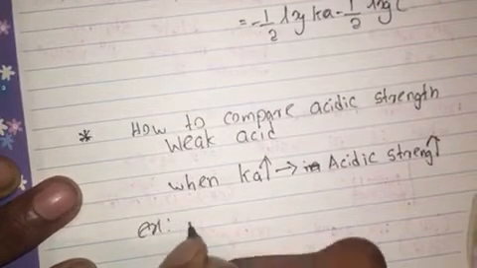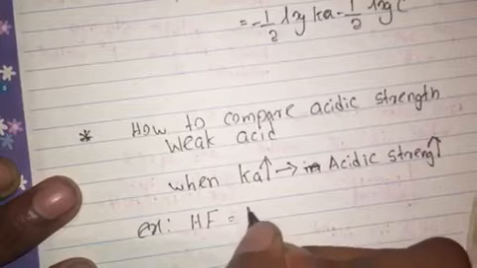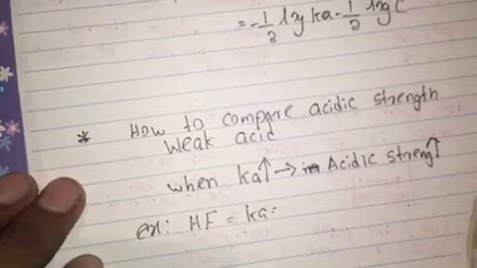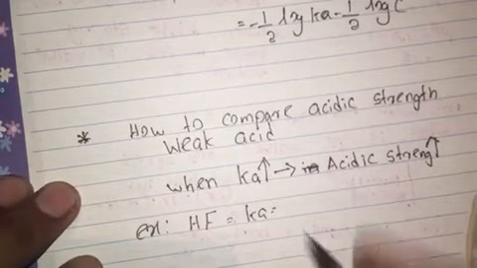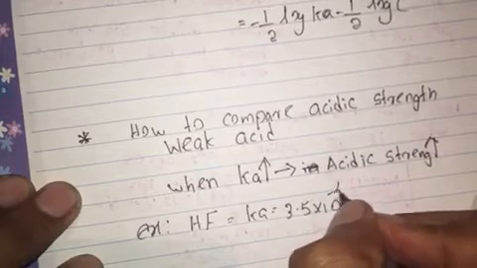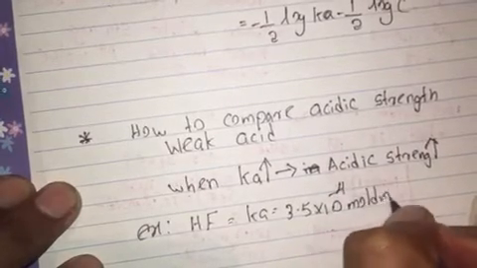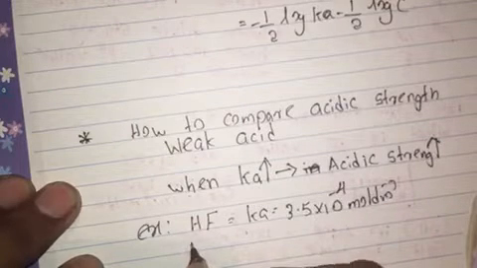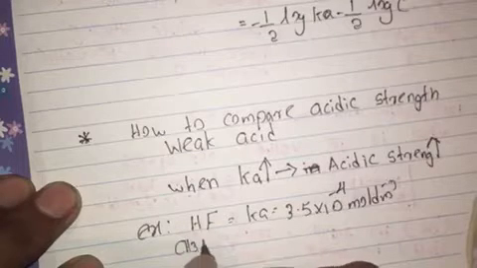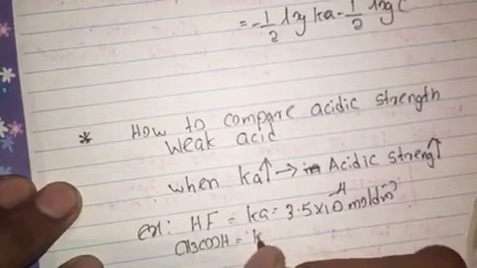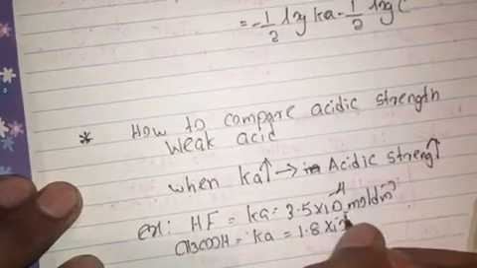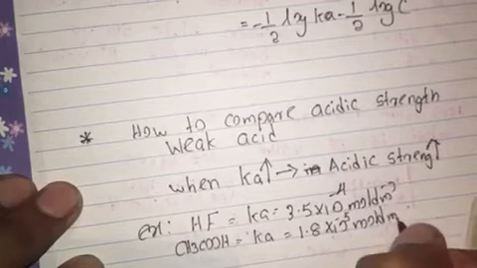Example, for HF, Ka is 3.5 into 10 to the power minus 4 mol dm minus 3. For acetic acid, Ka equal 1.8 into 10 to the power minus 5 mol dm minus 3.